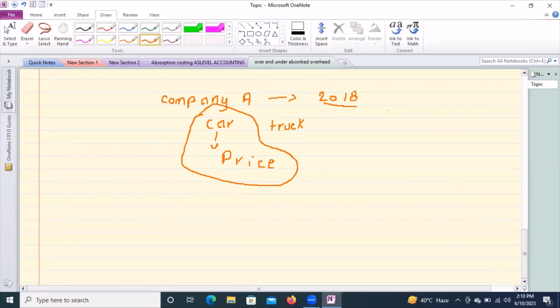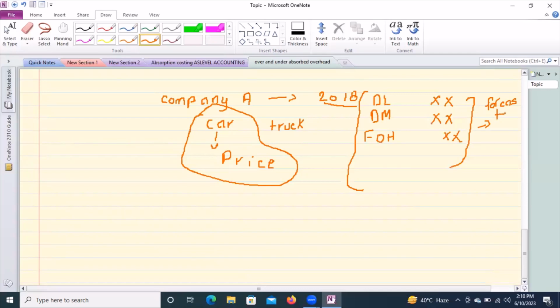So that is why they just forecast all the overheads. They forecast the direct labor. They forecast the direct material, and of course they forecast their fixed overheads. All these amounts are basically forecasted by the company.